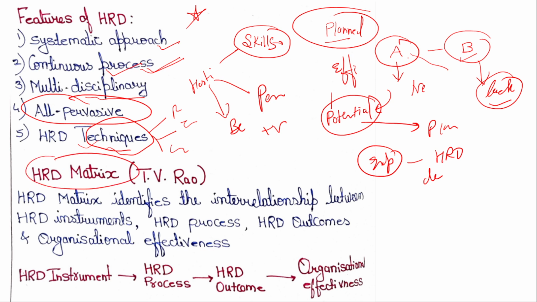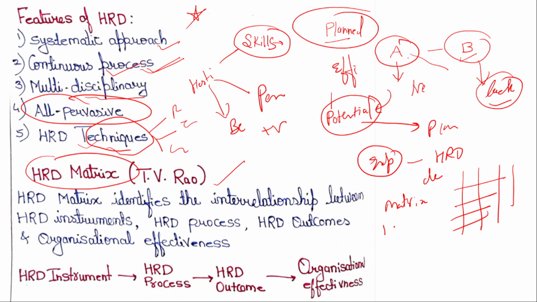Now, another very important term which is continuously asked in exams is the HRD matrix, given by TV Rao. Now, what is this matrix? Before we understand what the HRD matrix is, let's understand what we mean by matrix. A matrix is a combination of different dimensions.